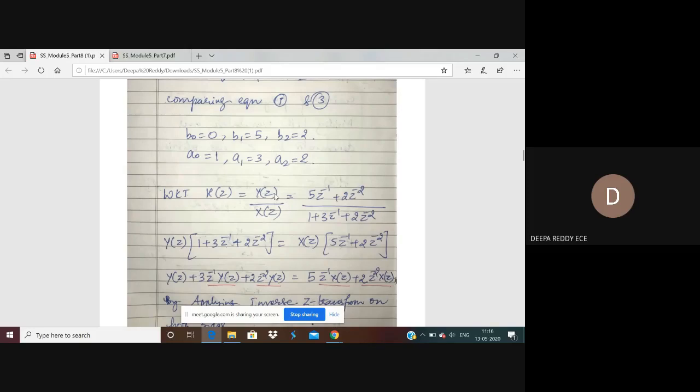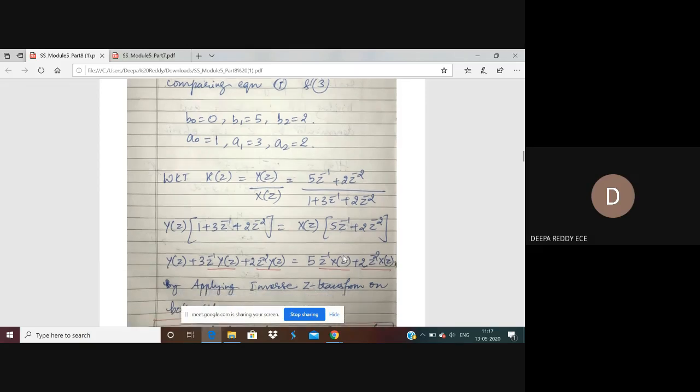Now we will simplify one more step. Just cross multiply these two, because we need an expression in terms of x of n minus k and y of n minus k, isn't it? So we will multiply this with this. We got Y of z into 1 plus 3z inverse plus 2z to the power of minus 2 is equal to X of z into this particular term.